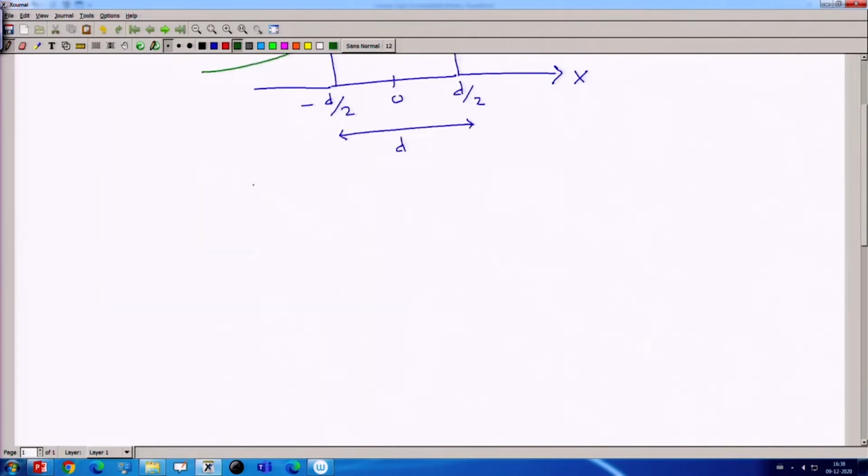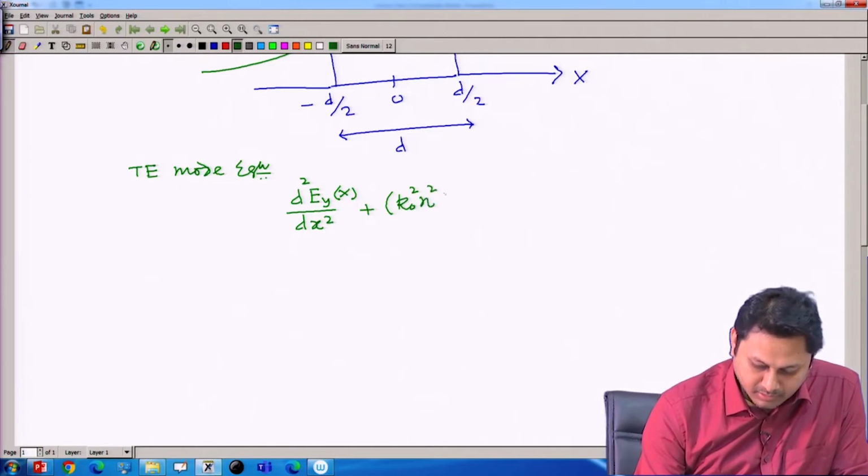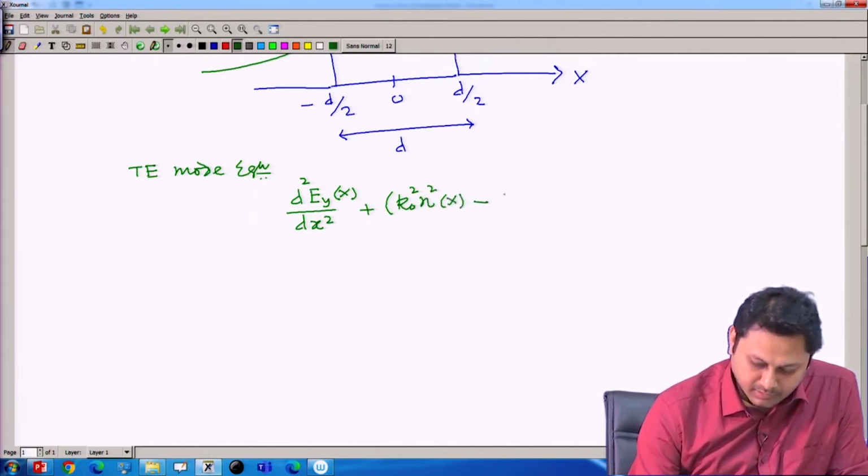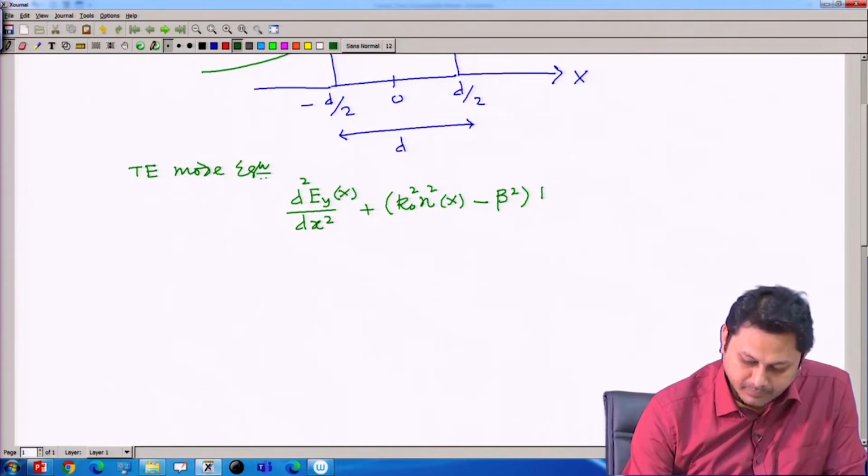So, the mode equation was d2 E y of x by dx square plus k0 square n square of x minus beta square times E y of x equals 0.